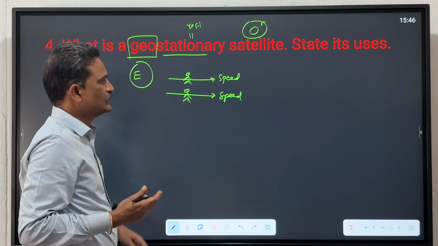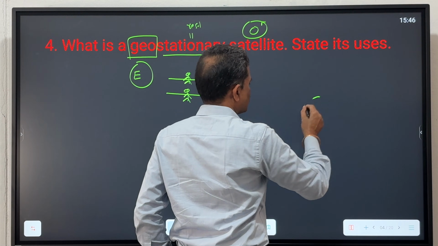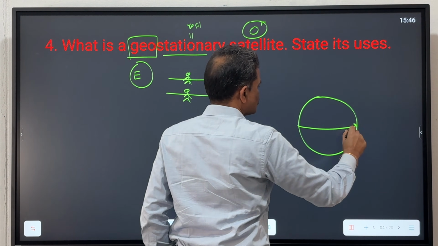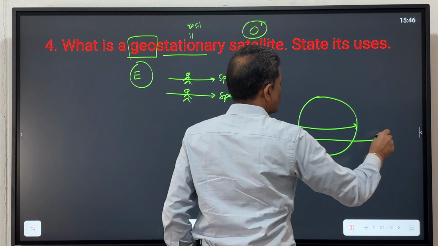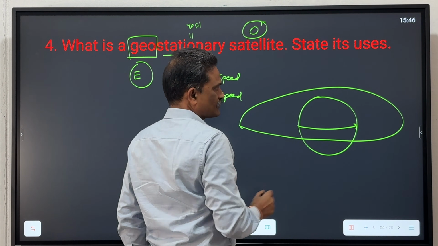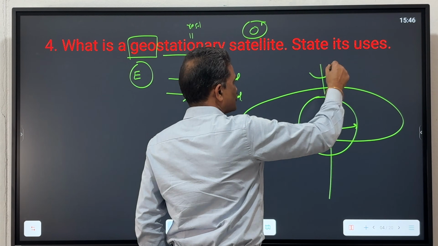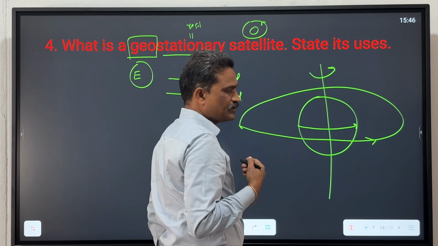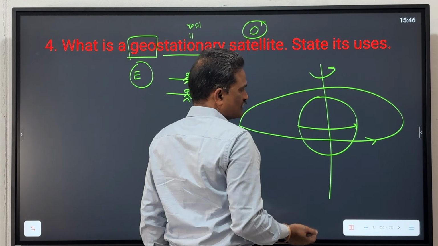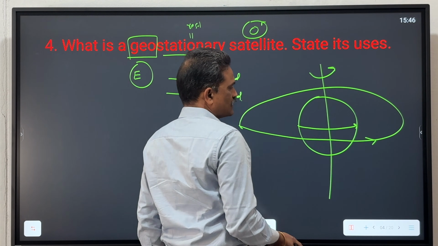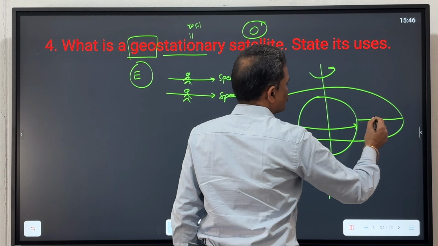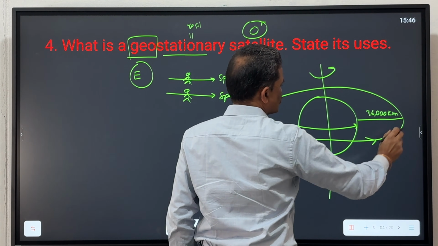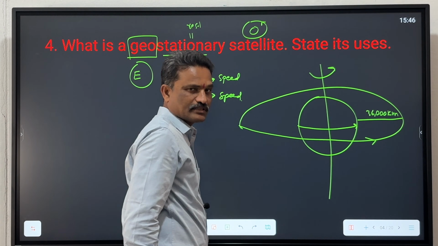So what do you mean by geostationary satellite? This is the Earth. Earth goes from west to east. This is the direction of the spinning of the Earth. In the same direction, I am introducing an orbit in which I am sending a satellite at a distance of 36,000 kilometers from Earth. This geostationary orbit is at a height of 36,000 kilometers.